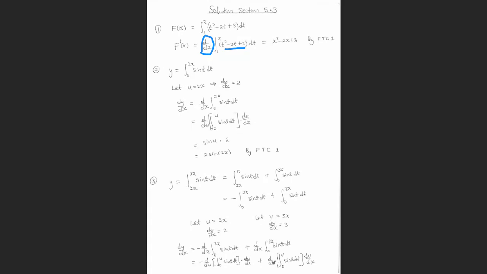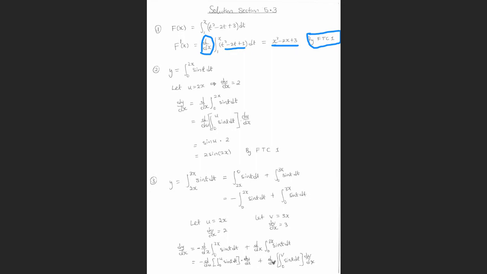We say your function needs to be continuous on that closed interval, but it's a polynomial, so it's continuous on the set of real numbers, continuous everywhere basically. Therefore, we can just go ahead and say it's just that function when I change t to x. And always mention that by the fundamental theorem of calculus part 1. Don't write my abbreviation, just write the full statement.